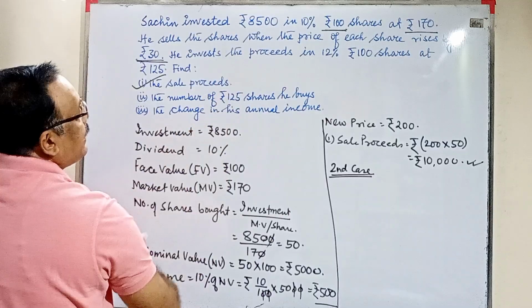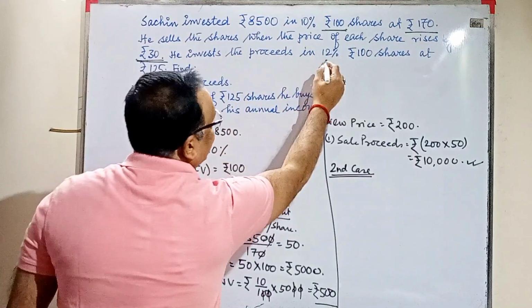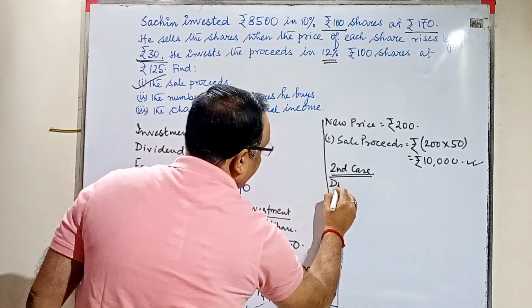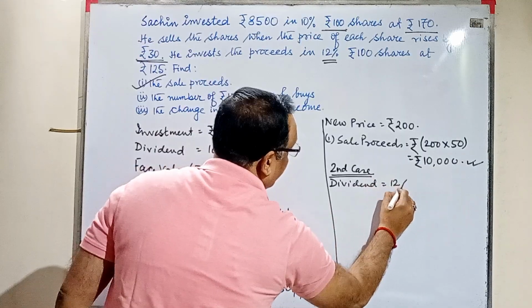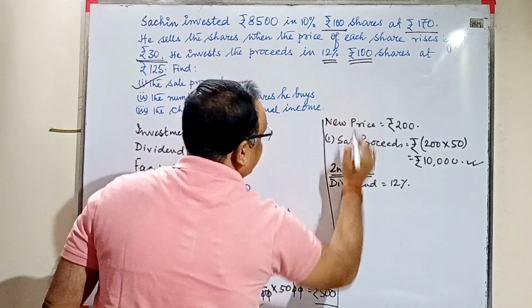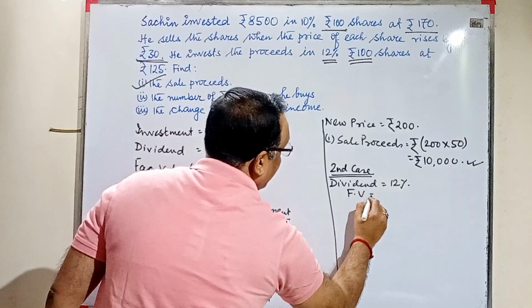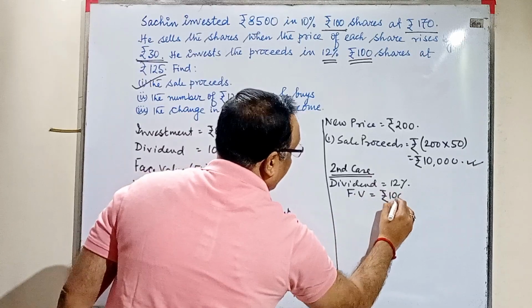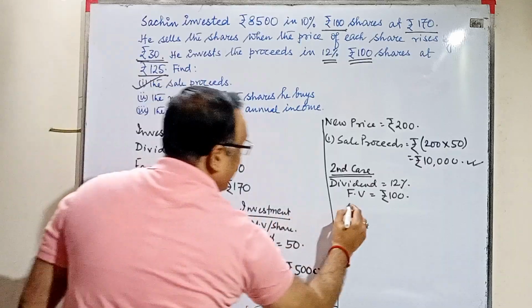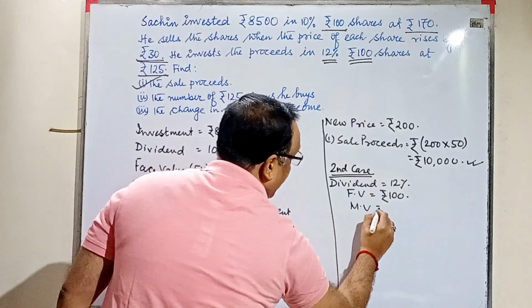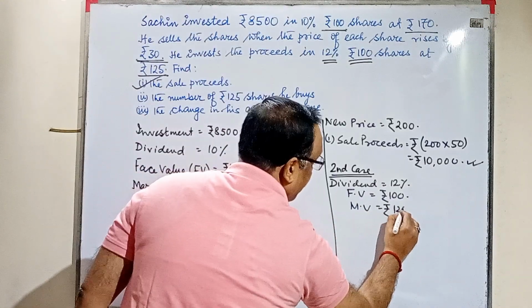He is invested in a share where the dividend rate is 12%. Dividend is 12%. Rupees 100 shares. Face value is rupees 100. At 125, so the market value per share is rupees 125.